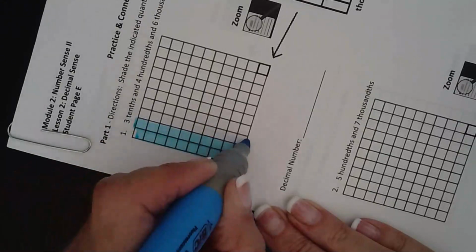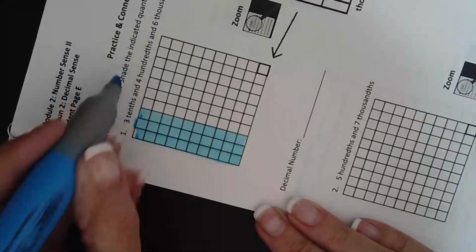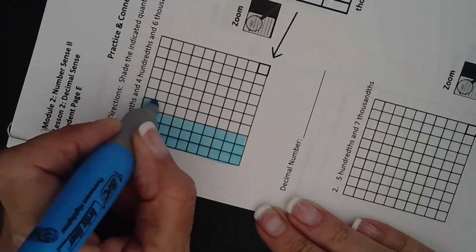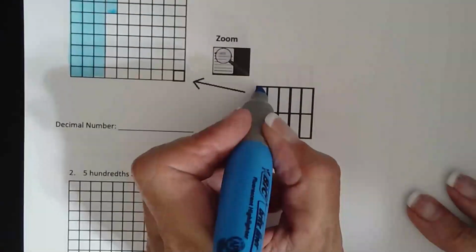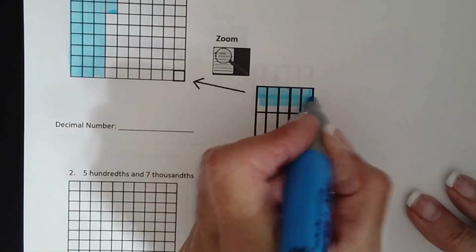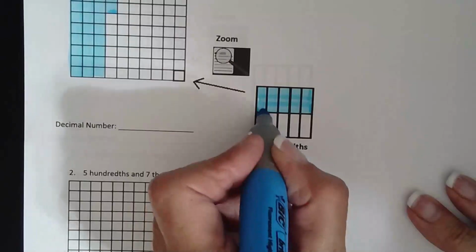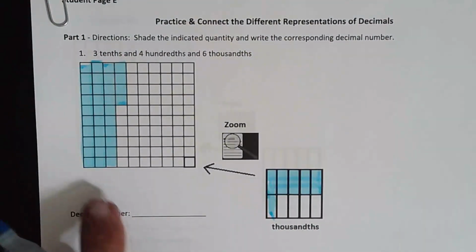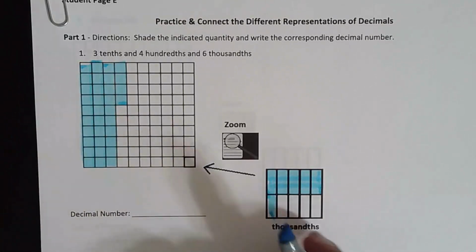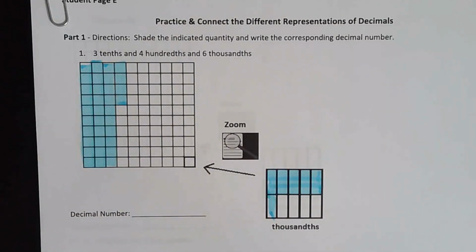1, 2, 3, 4 hundredths. 1, 2, 3, 4 out of 100, and then 6 thousandths, which would be 5 plus 1. So that would be 3 tenths, 4 hundredths, 6 thousandths.